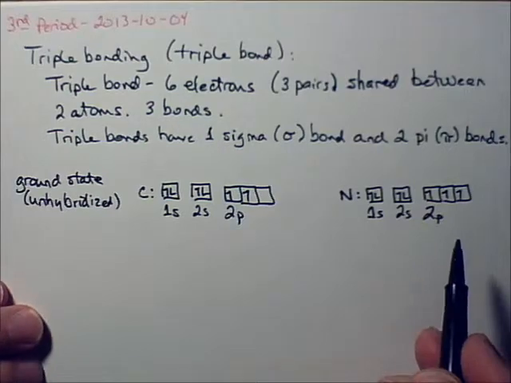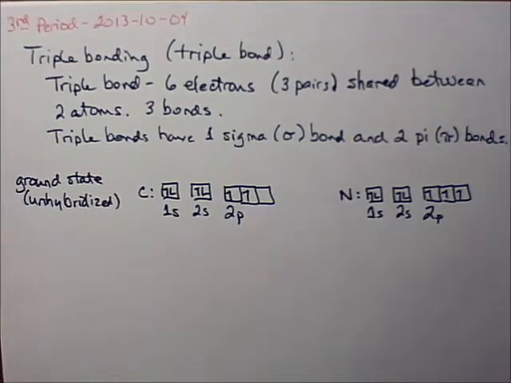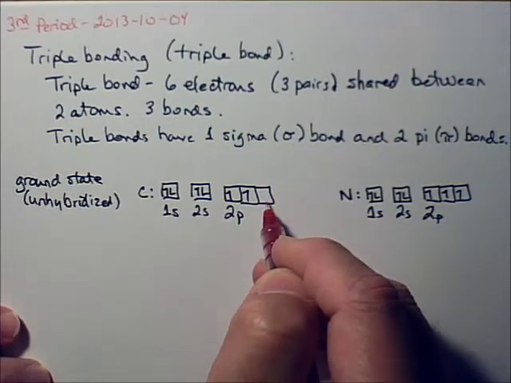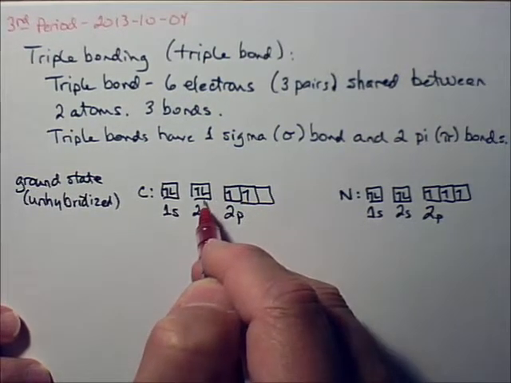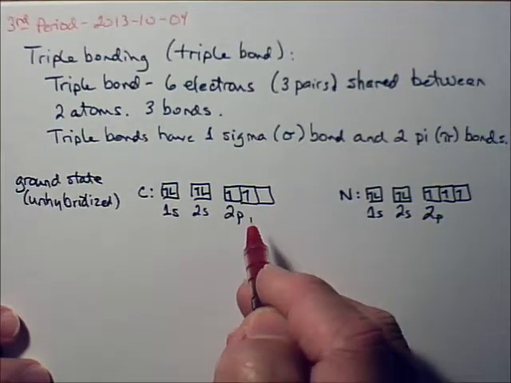Now, what we're going to do is hybridize in a different way. When we were doing the double bonding we've done so far, we left one p orbital unhybridized. We hybridized one s and two p's, making an sp2.